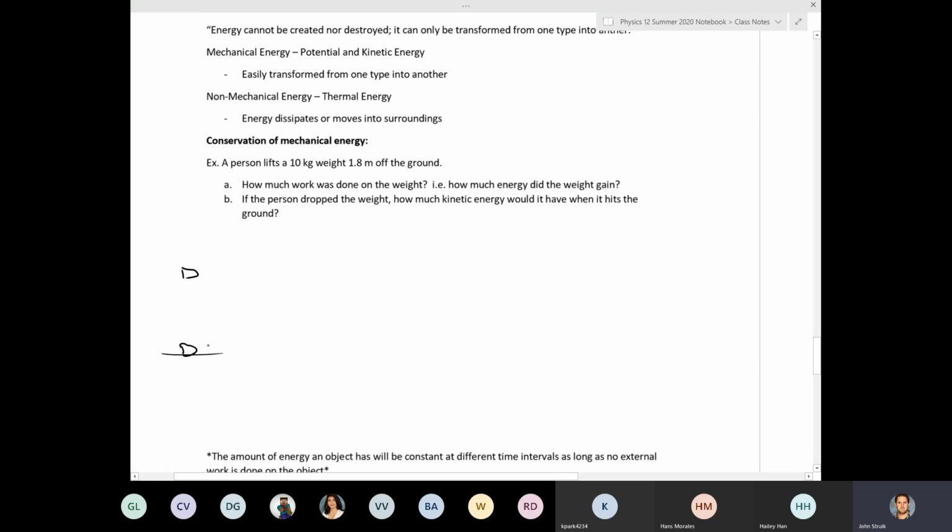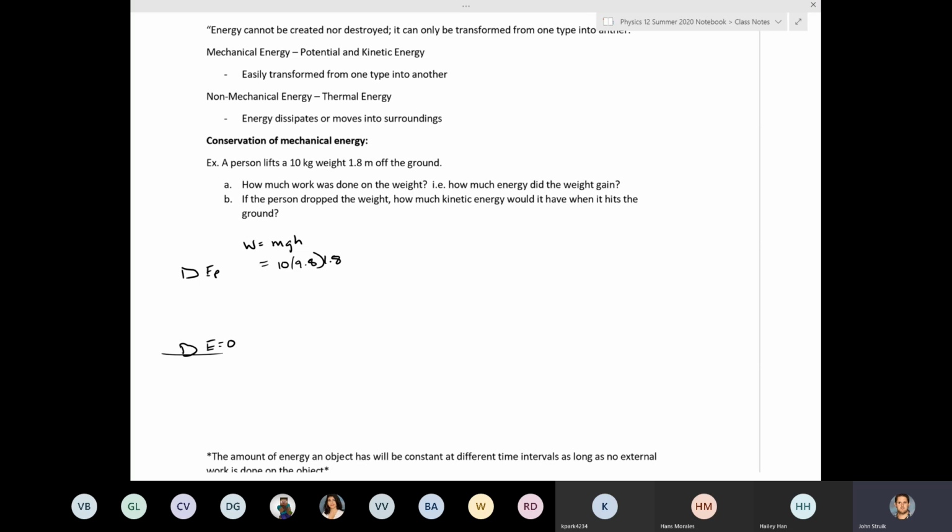So its energy at the ground is 0, and then at the top, it has EP. So the work that's done is your final EP minus initial 0. So W equals EP, W equals mgh. So this is just 10 times 9.8 times 1.8. Okay, nice and easy one for us.